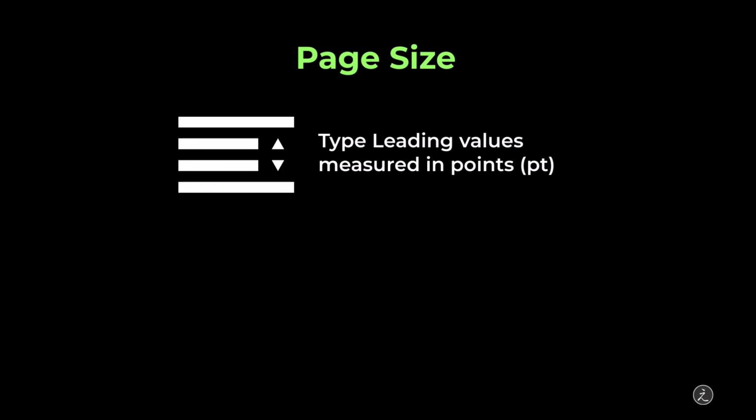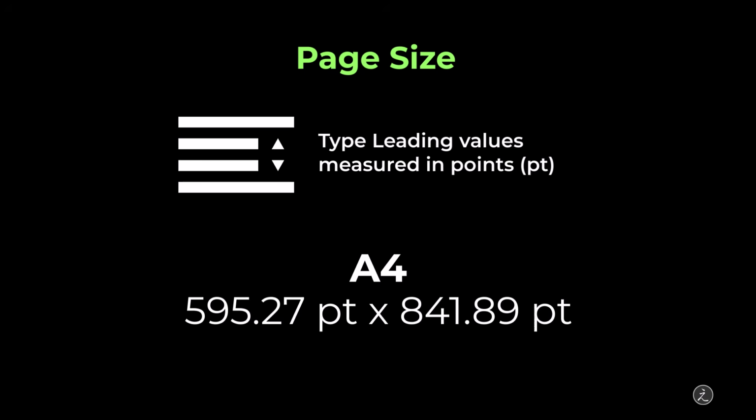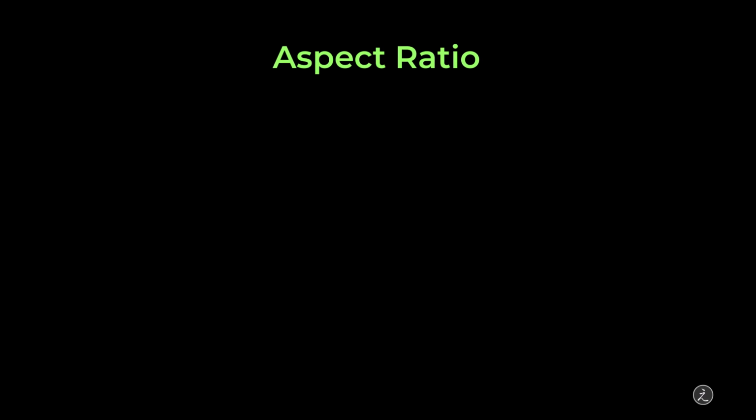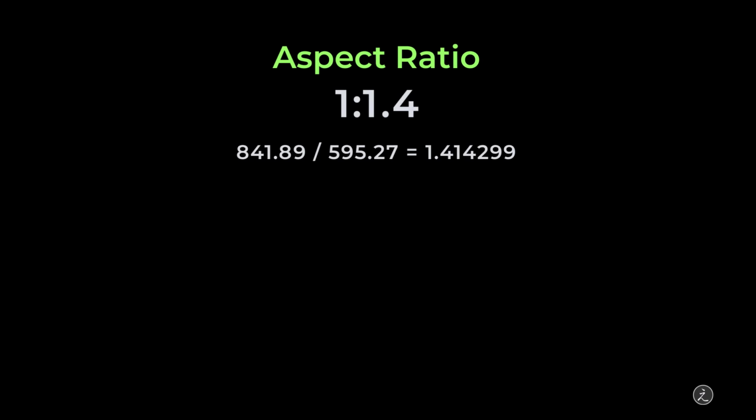For the units of measurement, we'll be using points since the leading size is always measured in points. The A4 page size in points is 595.27 points by 841.89 points, with an approximate aspect ratio of 1 to 1.4, and that's by dividing the height by the width.